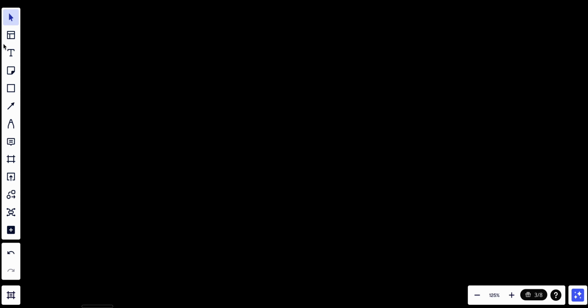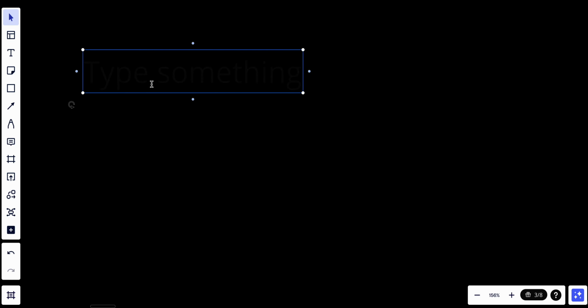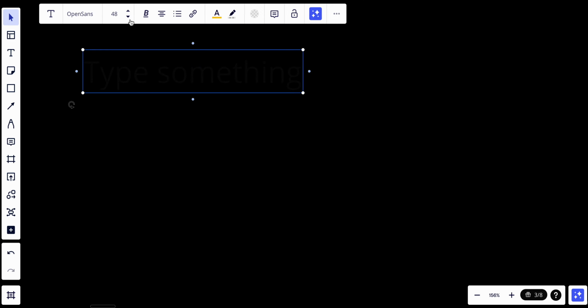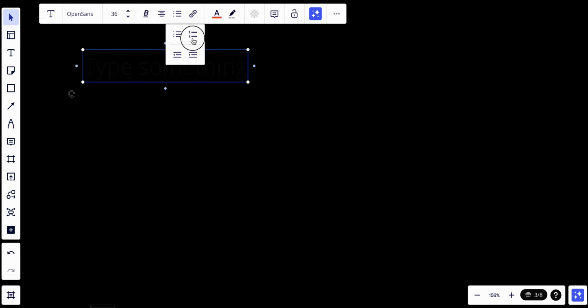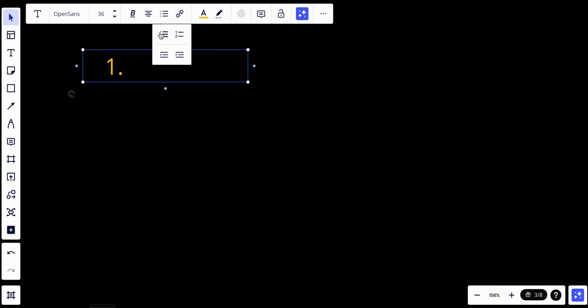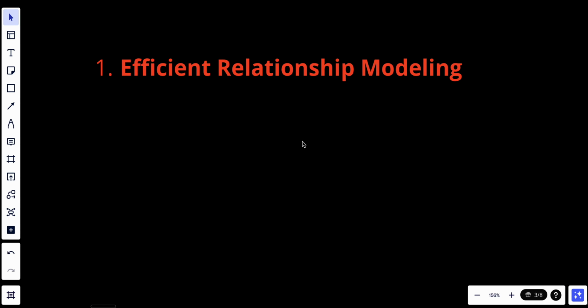So let's talk about why do we need it. Let's talk about the why first, and let's make this quite smaller. I'd like to mark the why in red and number the points. The first thing I will say about why we need it is efficient relationship modeling.